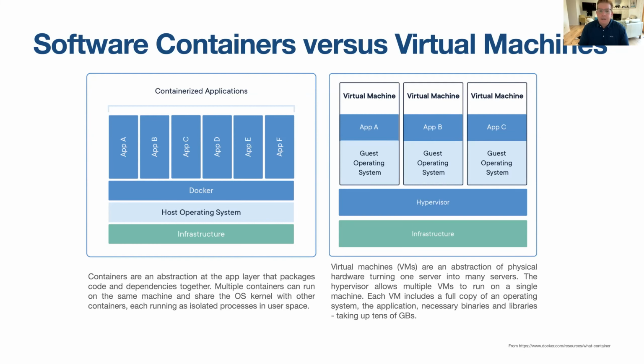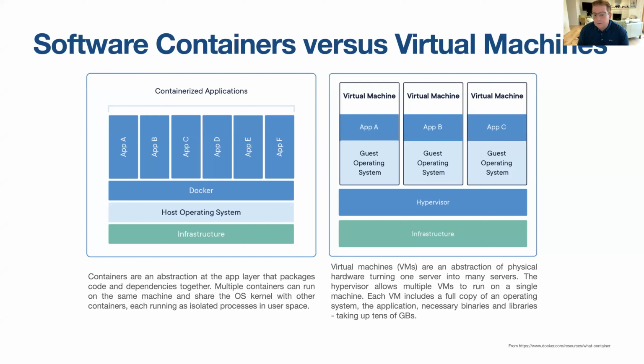In a virtual machine, everything gets virtualized. So it's an abstraction of the physical hardware that turns one server into many servers. And it allows you to do things that you can't really do in a container. And it contains a full copy of the operating system, all of the applications, the necessary binaries and libraries. And typically, these hypervisor things that orchestrate all that are commercial software that you have to pay a license fee for.